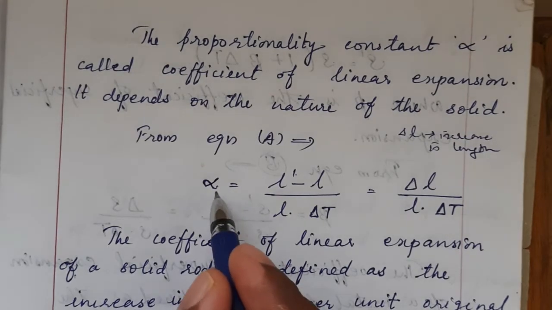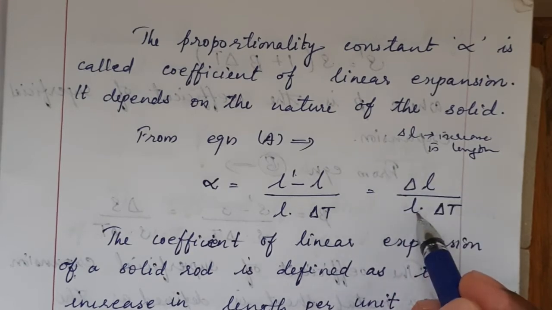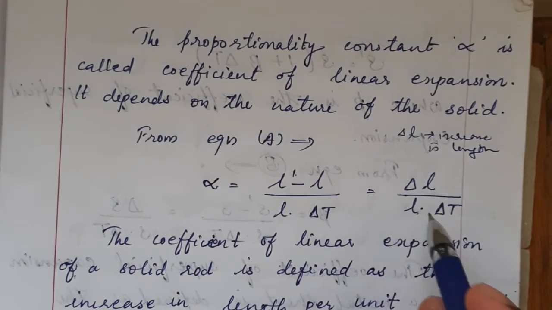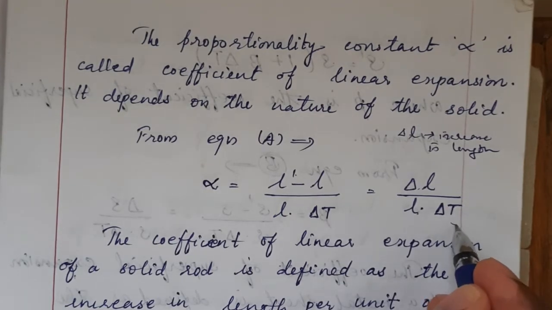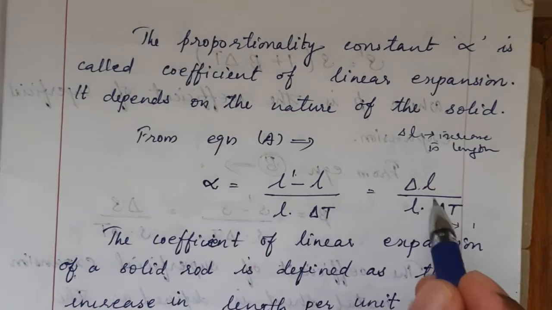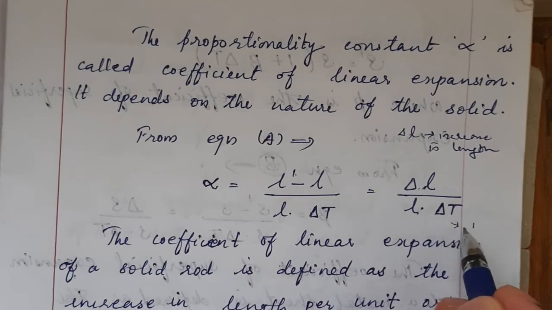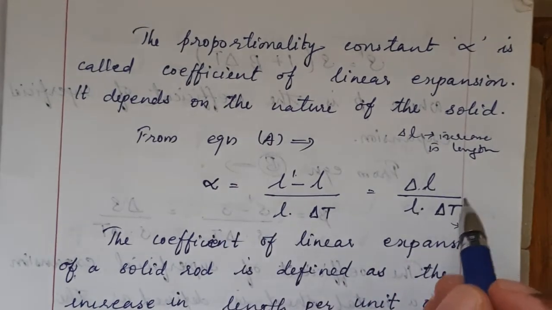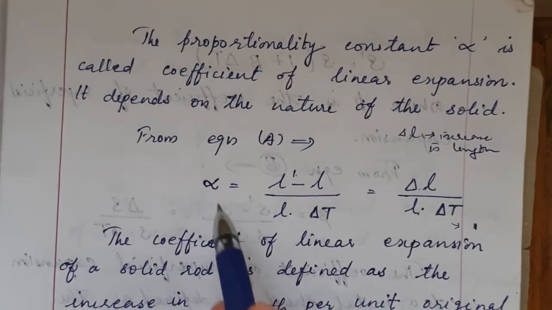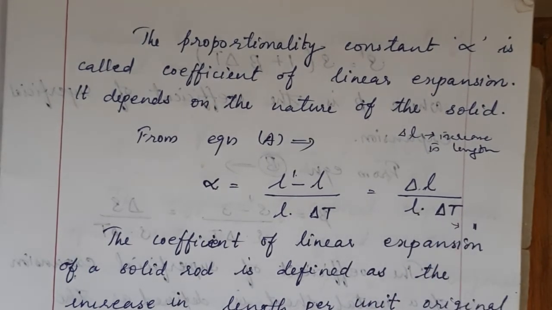So we can define this coefficient of linear expansion as the increase in length delta L per original length. That is, when delta L by L I am taking, I am getting increase in length by original length per unit rise in temperature. That is, when I make this delta T as 1, alpha is equal to delta L by L. When this is 1, alpha is delta L by L. That is what the coefficient of linear expansion alpha is defined as: the increase in length per original length for unit rise in temperature.